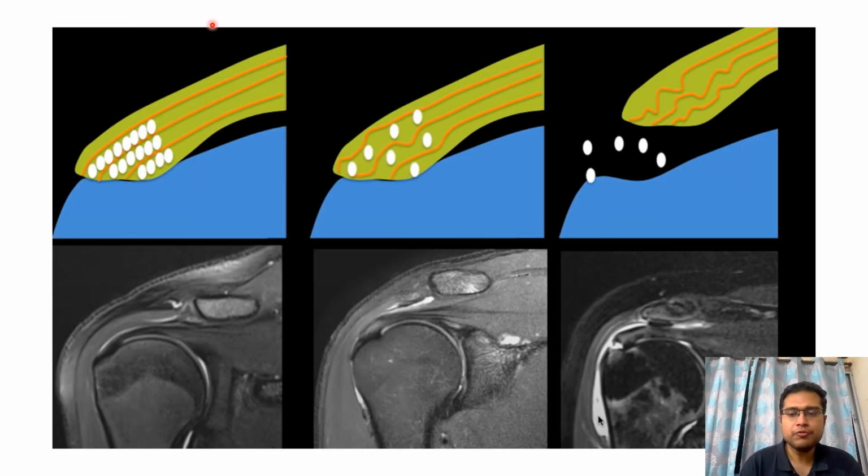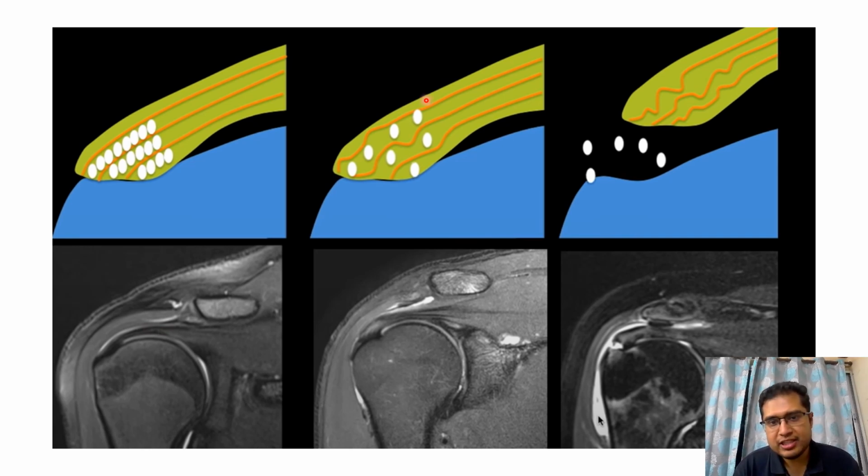Now, what is the basis for signal changes in case of tendinopathies and tears? This is the normal signal of the supraspinatus tendon, which is hypointense throughout. This is because the collagen and the water molecules within the tendon are tightly packed, and there is no movement of the water molecules to generate any hyperintense signal.